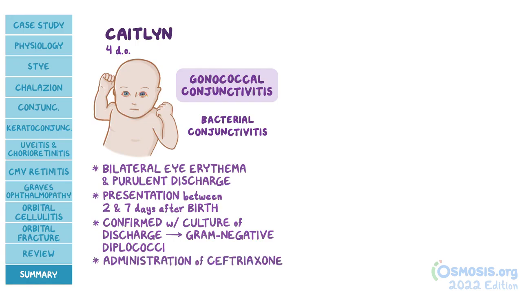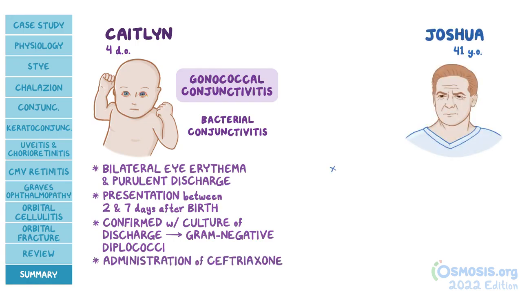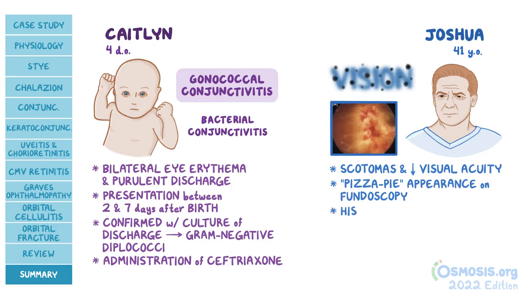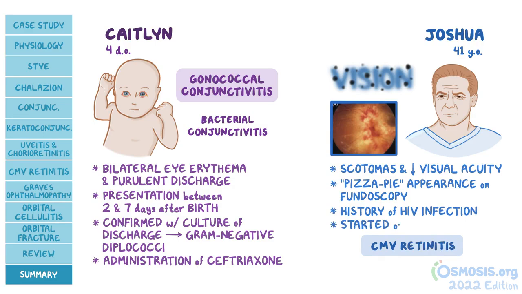On the other hand, 41-year-old Joshua came in with scotomas and a decrease in visual acuity. These findings, along with the characteristic pizza pie appearance on fundoscopy and his history of HIV infection, make Joshua a textbook case of CMV retinitis, which is why he was started on cidofovir.